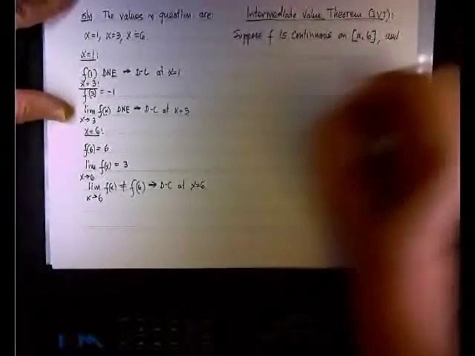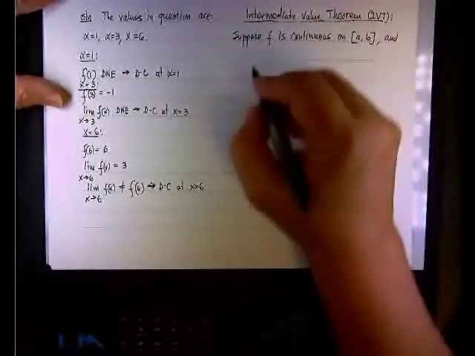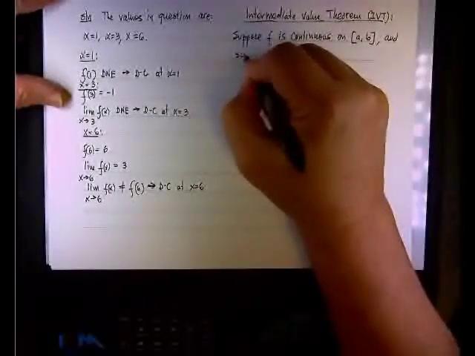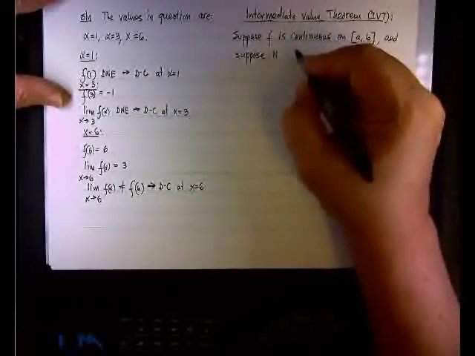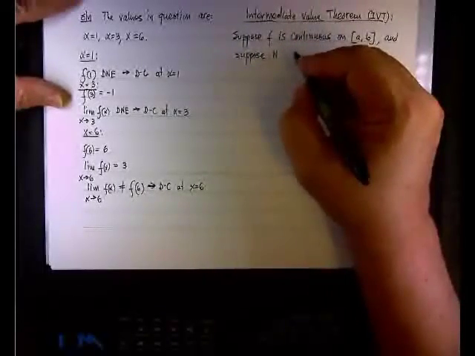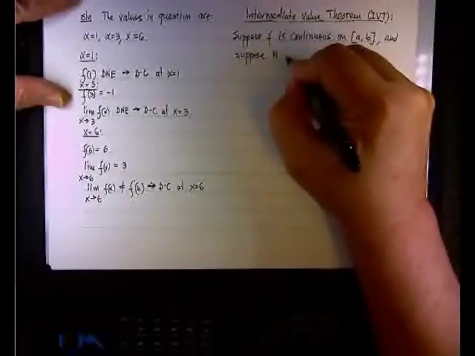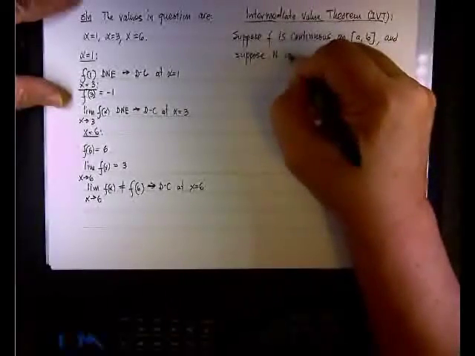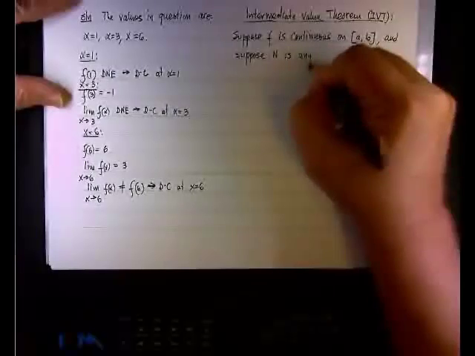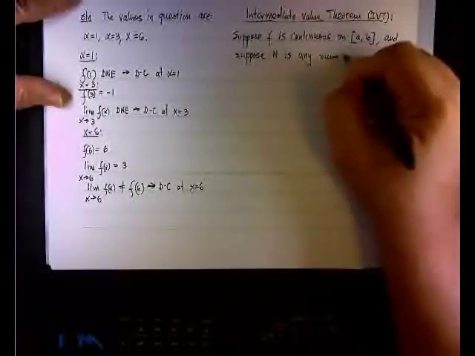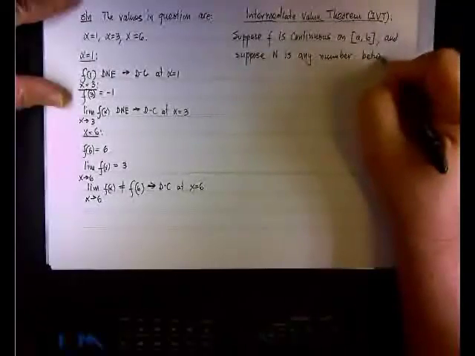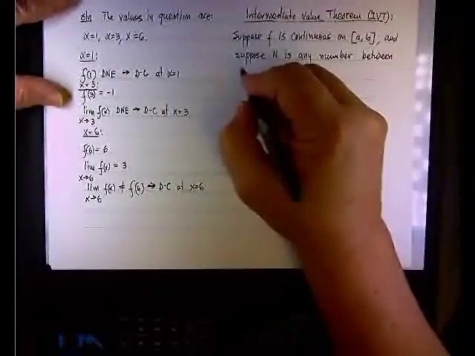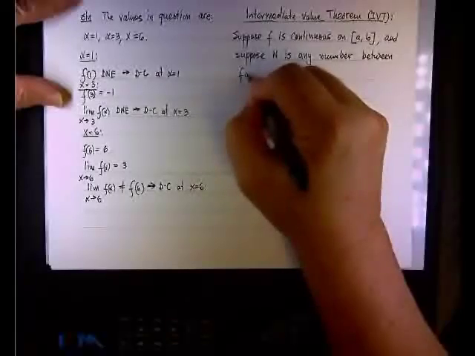And suppose n is a number, or actually it's any number between f of a and f of b.